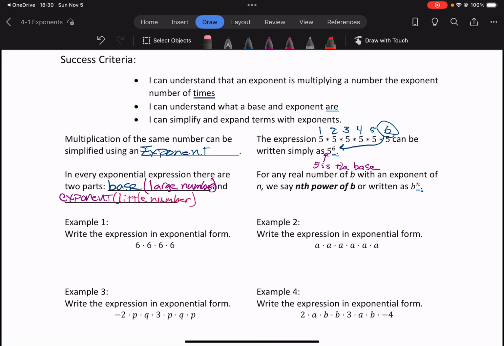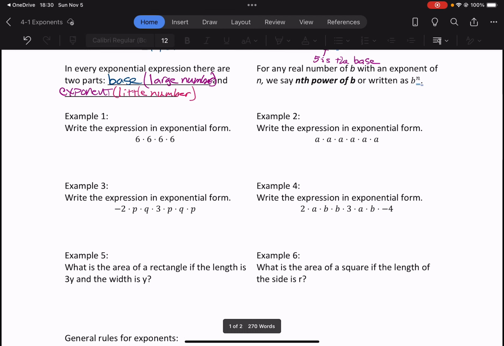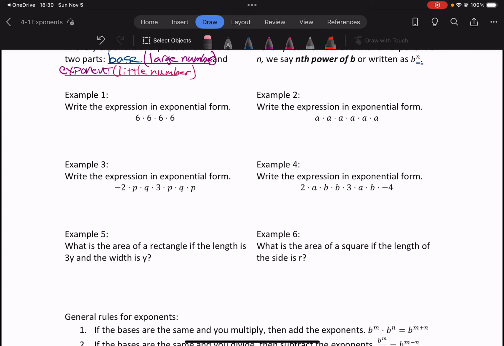So let's go ahead and look at example 1. Example 1 is pretty straightforward. I've got 1, 2, 3, 4 sixes. Since 6 is what we're repeatedly multiplying, 6 is our base. So we write 6 to the 1, 2, 3, 4, the 4th power.